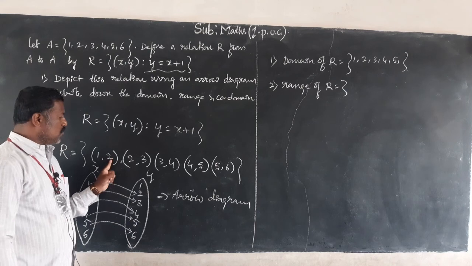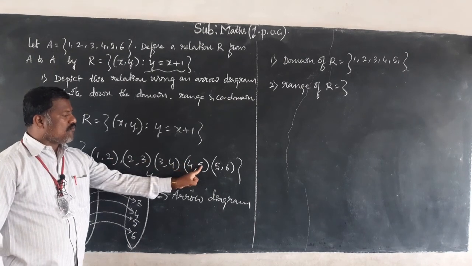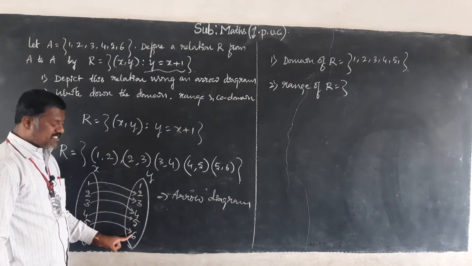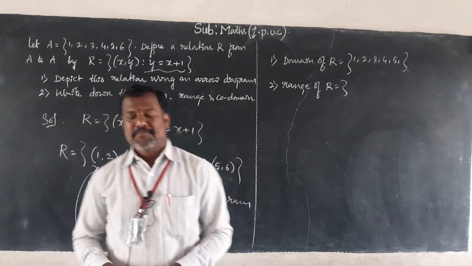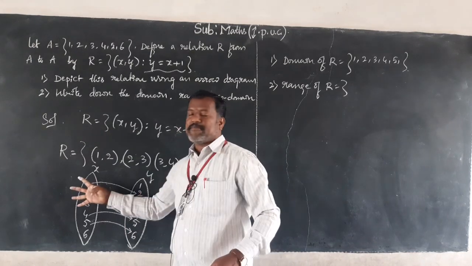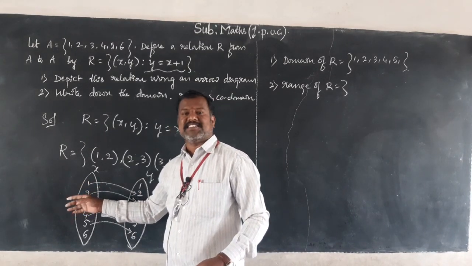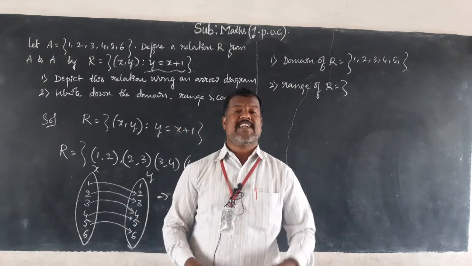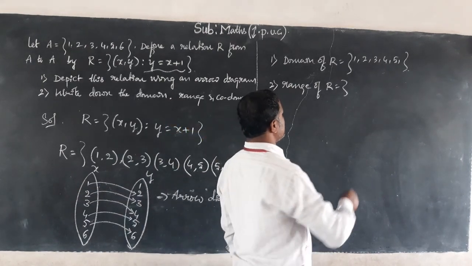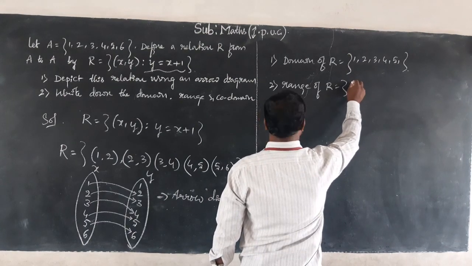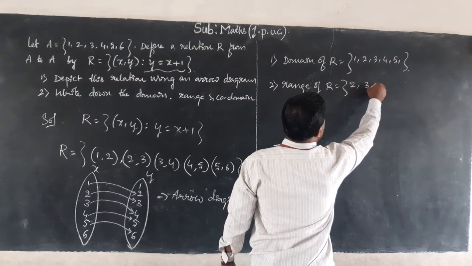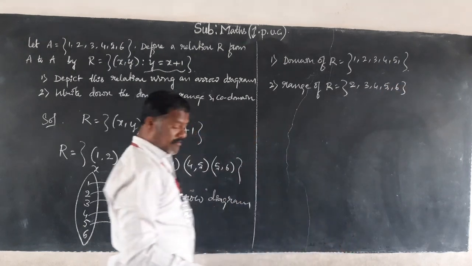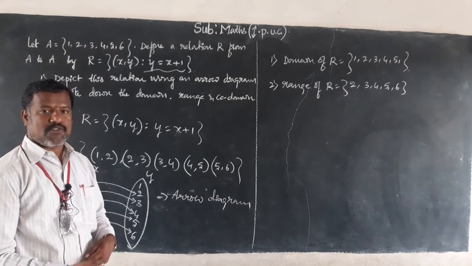See, 2 3 4 5 6 are nothing but range elements, because the connective elements of the second set from the first set are called range of R. So here range of R is nothing but 2 3 4 5 6.